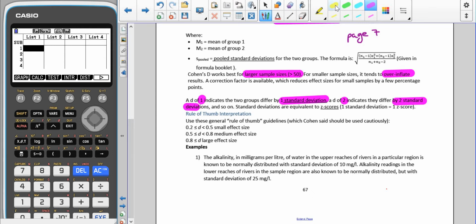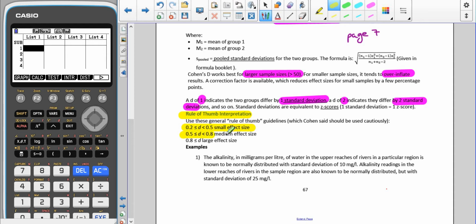We have a couple of rules of thumb when we are interpreting our d value. And these you do have to remember. They are given to us specifically from the exam board, so you need to remember these intervals. If it is between 0.2 and 0.5, we call this a small effect size.